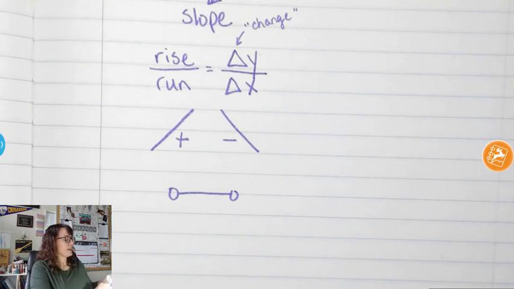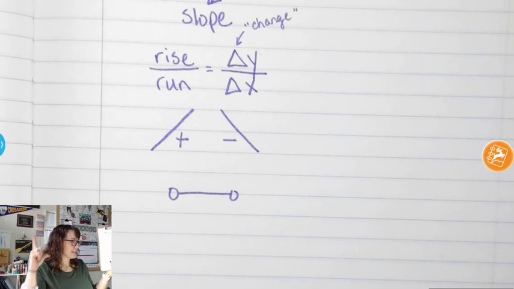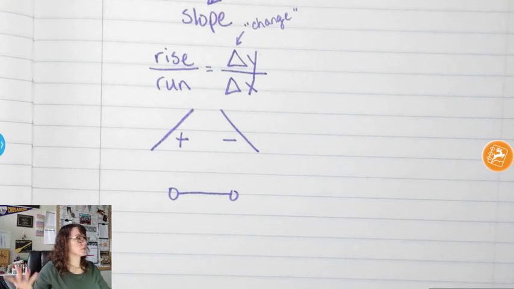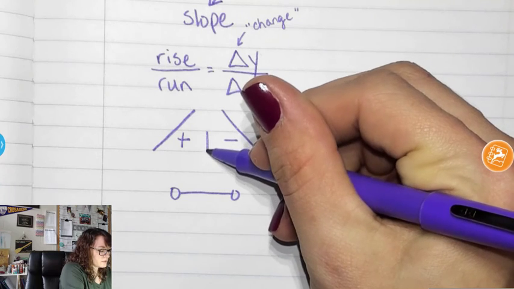If I have a perfectly vertical surface, and I take that normal marble, and I put it on the surface, is it going to stay on the surface? No. Is it going to even roll on the surface? No, it's just going to fall. So there is no slope. That's called undefined.